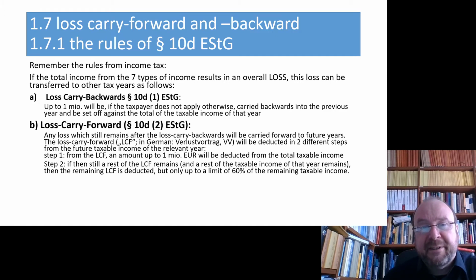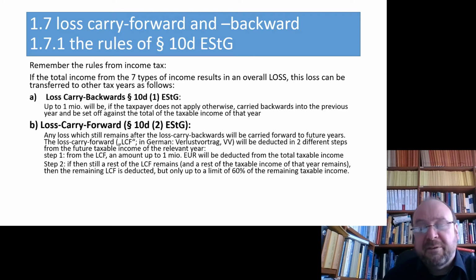The idea is if somebody has a really good year, let's say 10 million plus, it would be difficult to justify that if that person in that year pays no taxes at all. So it was regarded as a useful compromise by the legislator to say, okay, people with a rather small income up to 1 million can offset their losses completely.